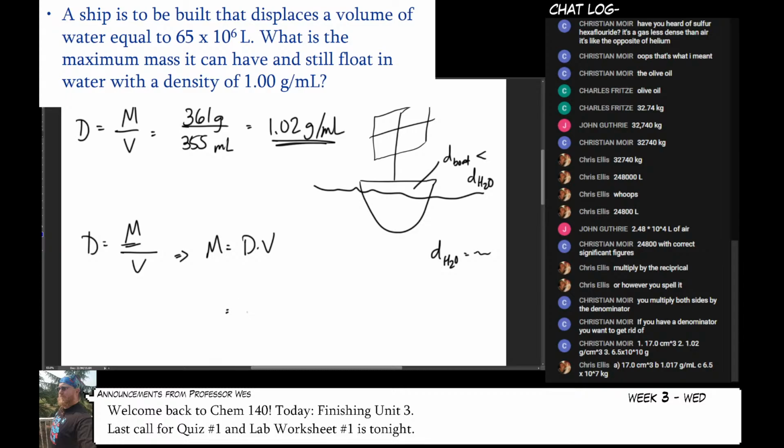So the density of my water is going to be 1 gram per milliliter. And the volume of my ship is 65 times 10 to the 6 liters. Well, my units don't cancel out, so I've got to include another step to do this. And 1 milliliter is 10 to the minus 3 liters.